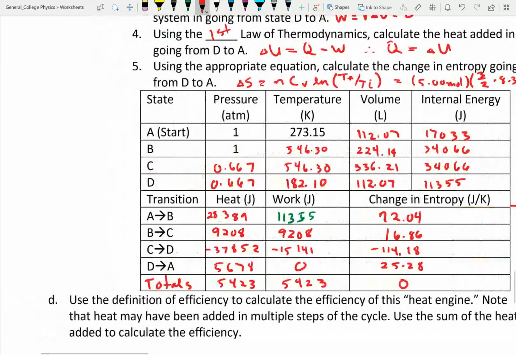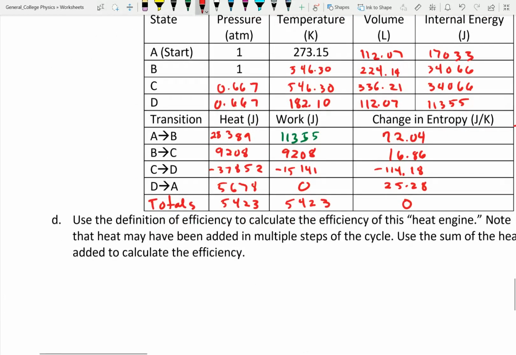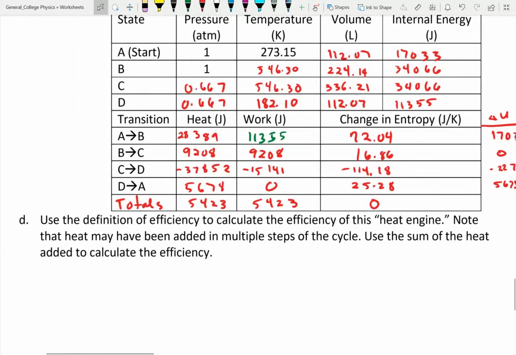Now, I put those totals in. We now have to use the definition of efficiency to calculate the efficiency of this heat engine. Note that heat may have been added in multiple steps of the cycle. Use the sum of the heat added to calculate efficiency. So heat added is equal to all of the positives.